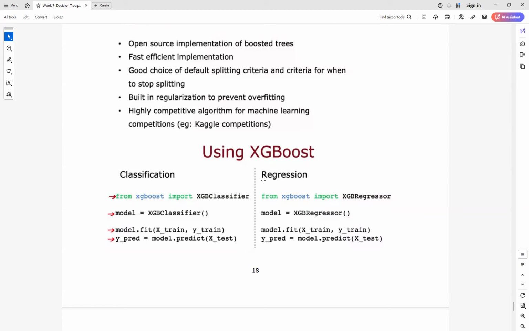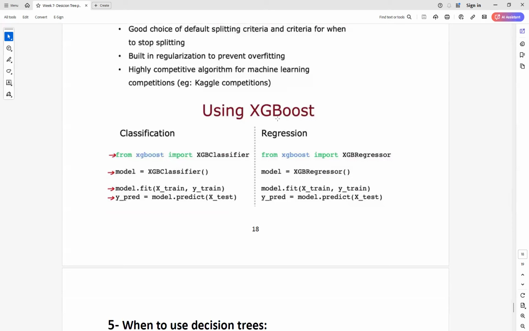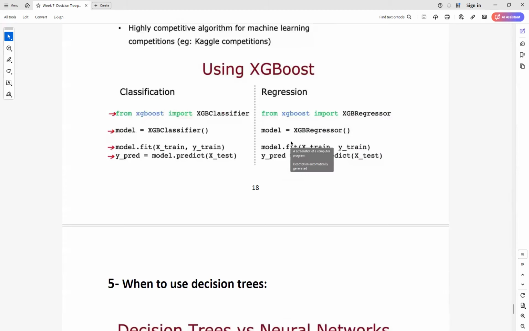Or if you want to use XGBoost for regression, you can call the XGBoost package, import the XGB regressor as your model, fit your model on the training examples and make a prediction, right? So this XGBoost method can be used for classification and regression problems at the same time.